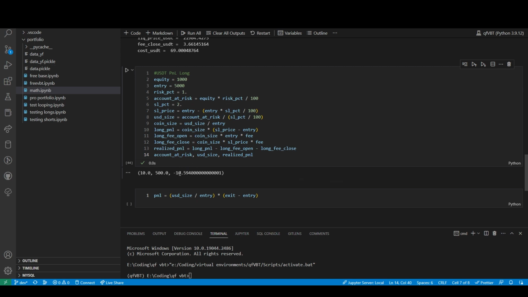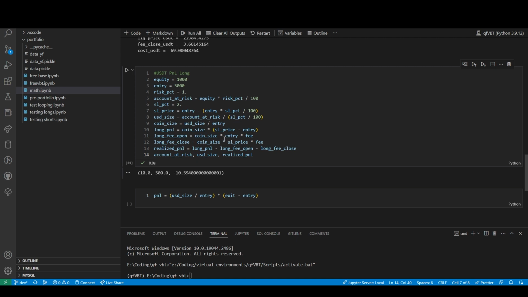So here we can see that the realized P&L for this would be negative $10.59. We want to remove this 59 cents and just get it to $10. So we have to change the size based on this information.